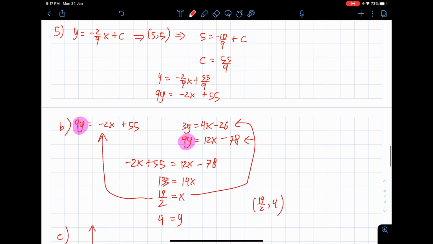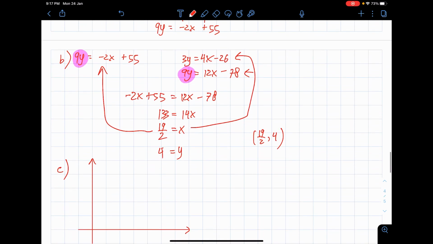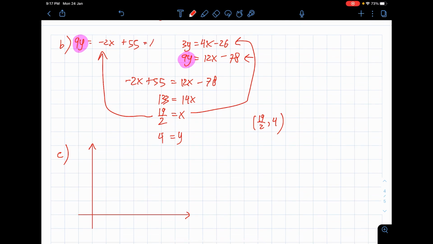So the line P is our first graph, the one with this one, line P. I'll just need to draw this, the crossing of the x-axis, the y-intercept is 55 over 9, okay, and the gradient is negative, so it's actually sloping down like this. Okay, this is line of P, and this is the intersection, 55 over 9.